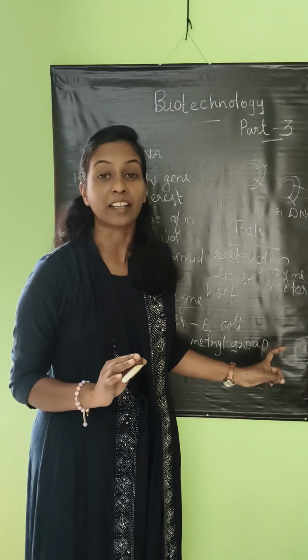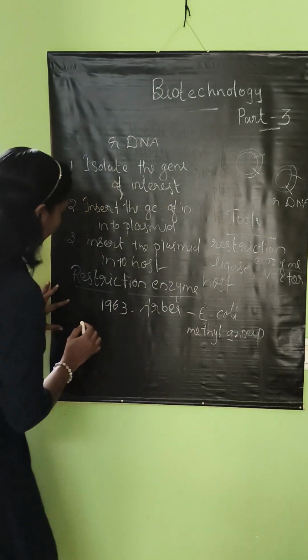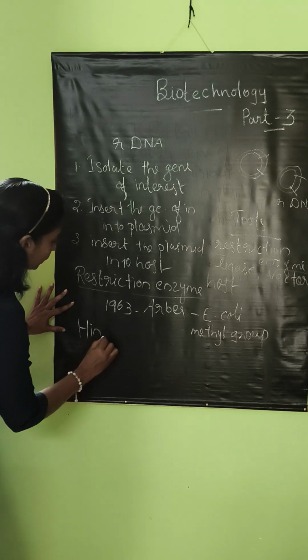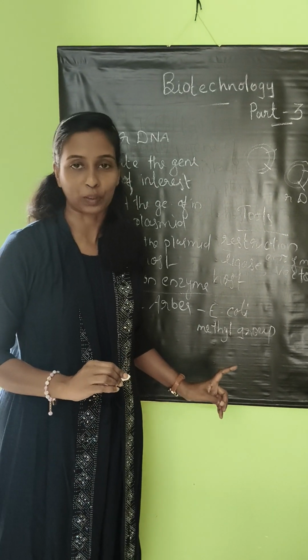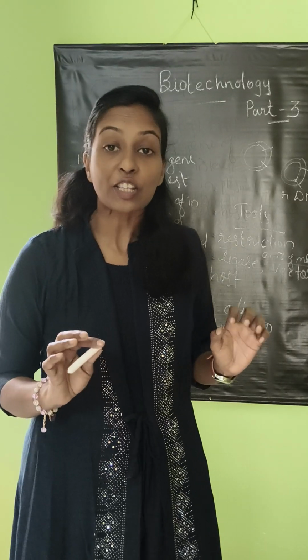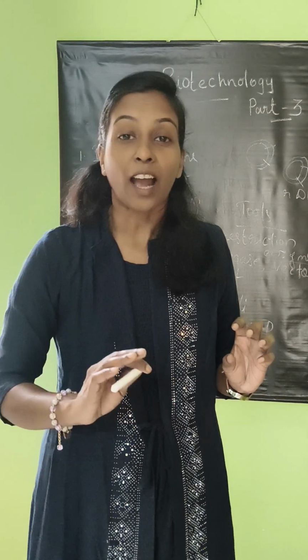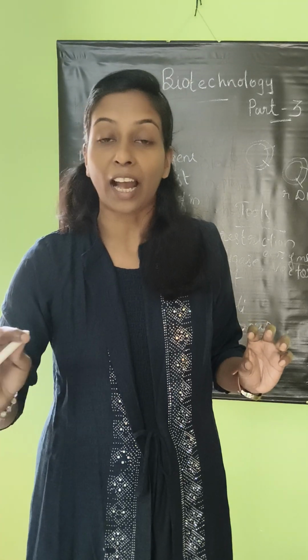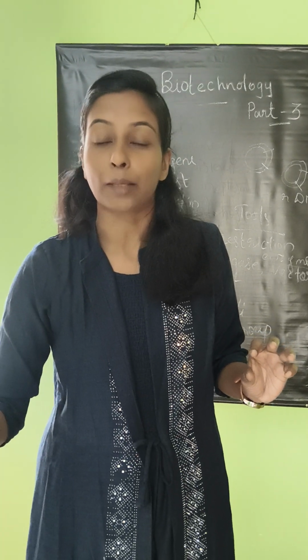Next we can understand the first restriction endonuclease is HindII. HindII is the first restriction endonuclease. Once they had extracted this HindII, later after 5 years they identified where it can be used, which part of the DNA can be cut.